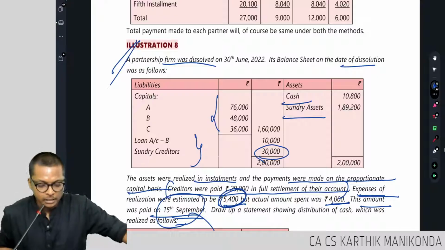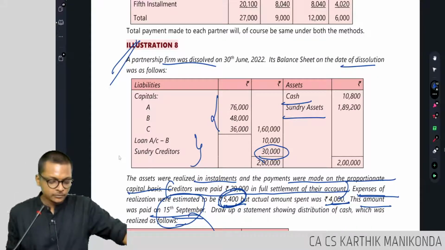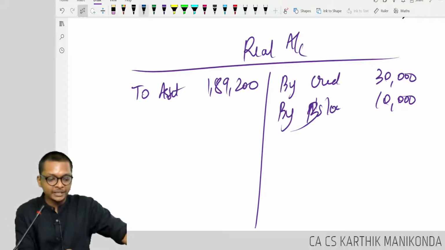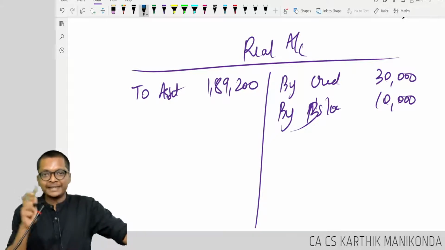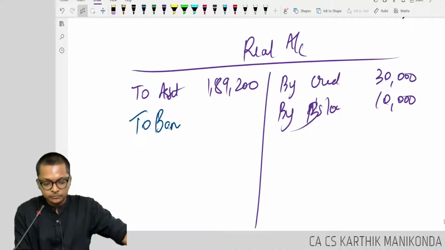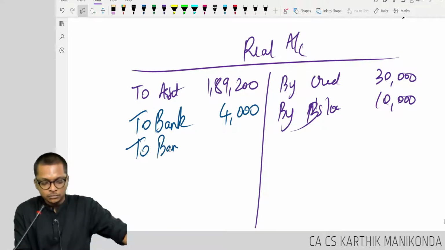Now expense is how much? Actual expense is 4,000. So the entry will be realization to bank. So I will write here to bank 4,000. How much creditors are paid? Only 29,000. How much loan is paid?